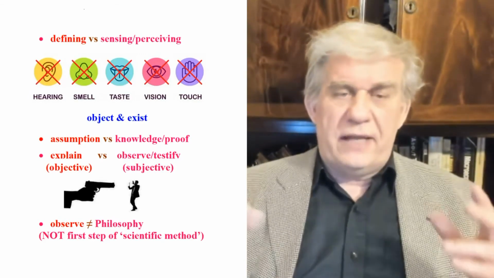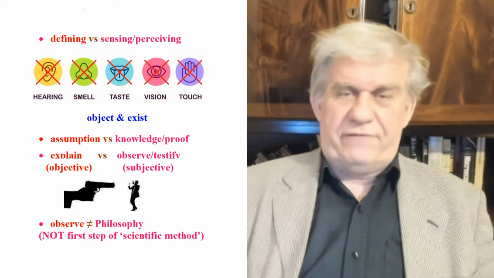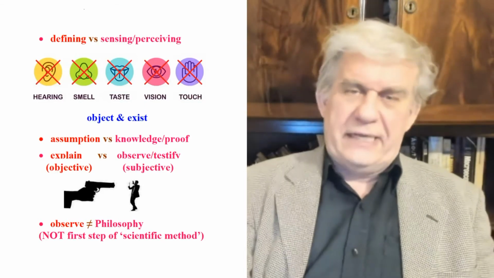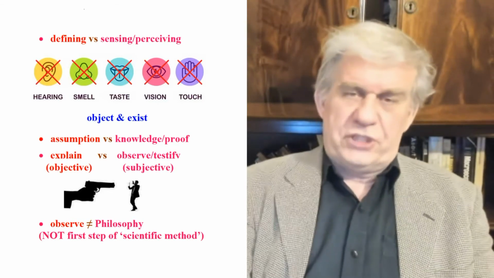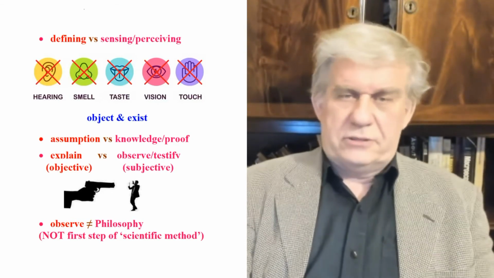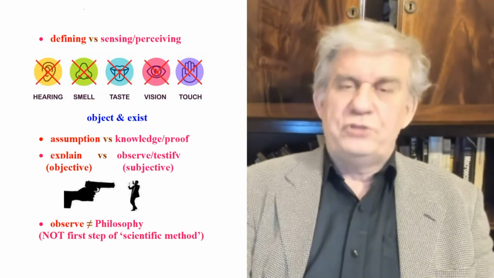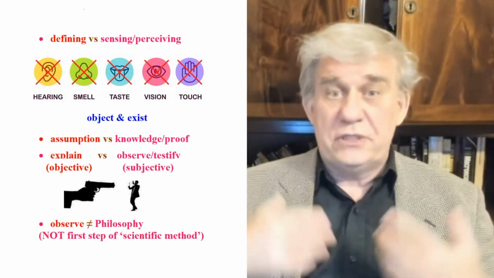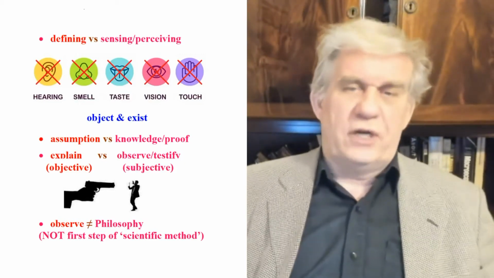So this notion that observation is the first step of the scientific method, and of course it's part of philosophy according to many, that comes from the religious folk, from mathematicians and priests and other astrologers, alchemists. Those people talk about observing and that you need to philosophize, you need to have a way of thinking or whatever you want to call it before you start a discipline.